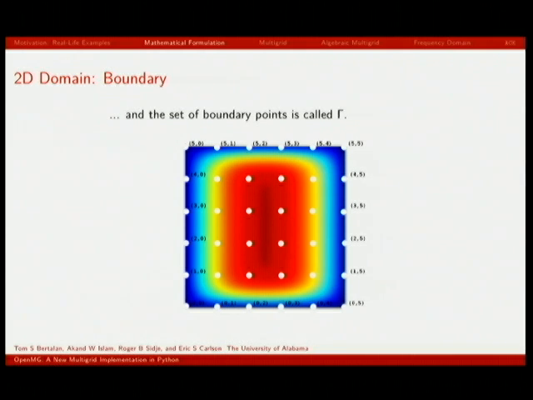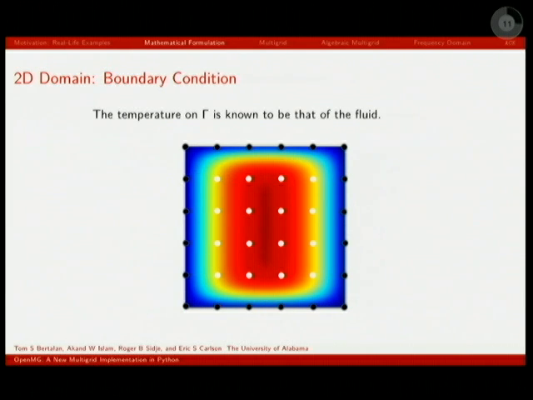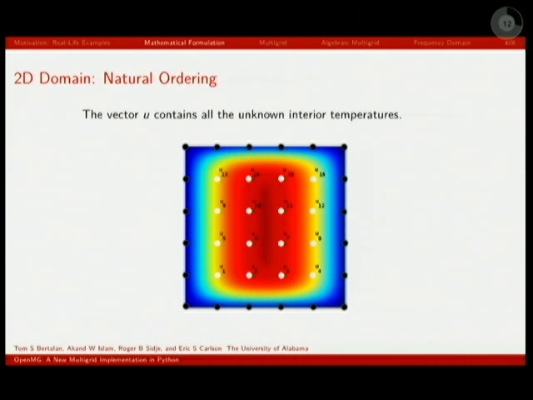The reason is that, being immersed in this cold fluid, we know the boundary points are a particular value. For example, if it's ice water, it would be 0 degrees C. So we can replace the interior numbering scheme of 2 indices with a single index per point, which allows a formulation where the interior is just a vector of points.